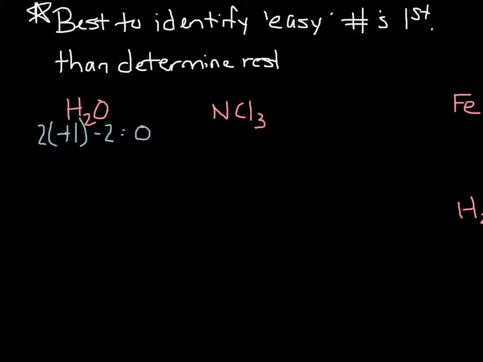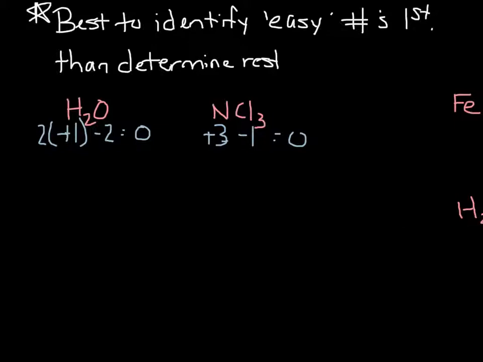Here we have nitrogen trichloride. Chlorine has a -1 charge, unless it's with oxygen and fluorine. We have 3 of them. So this nitrogen, which is in a funky spot, we need to have a neutral compound, so we need to make sure it equals 0. So we have 3 -1 charges, which means nitrogen needs to carry a +3.